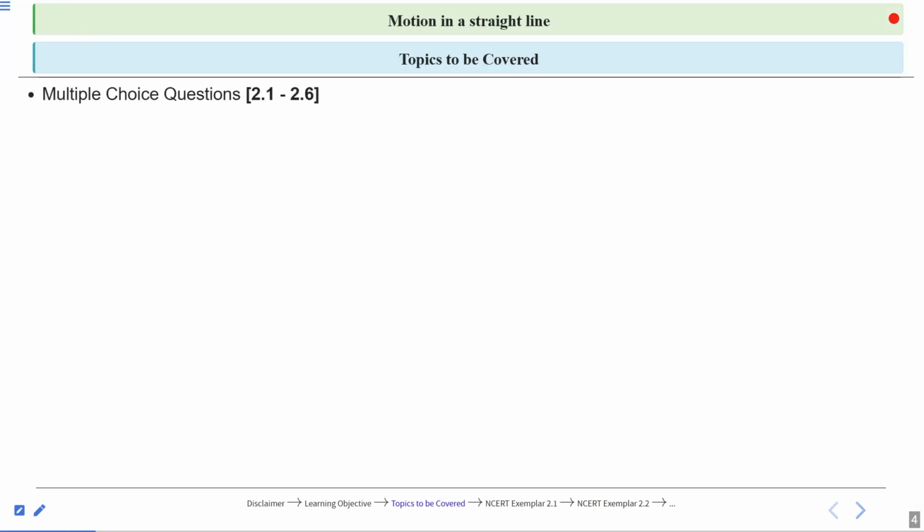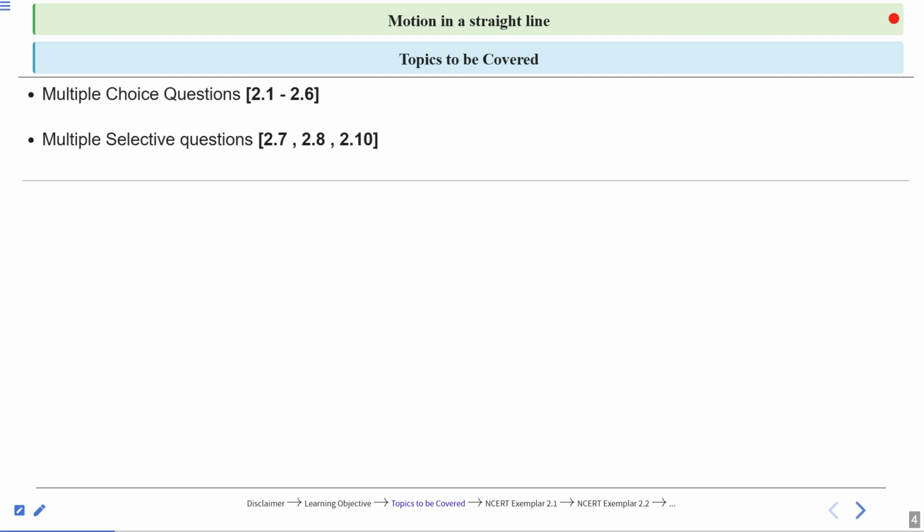So, in today's lecture, we will cover multiple choice questions 2.1 to 2.6, multiple selective questions 2.7, 2.8, and 2.10.